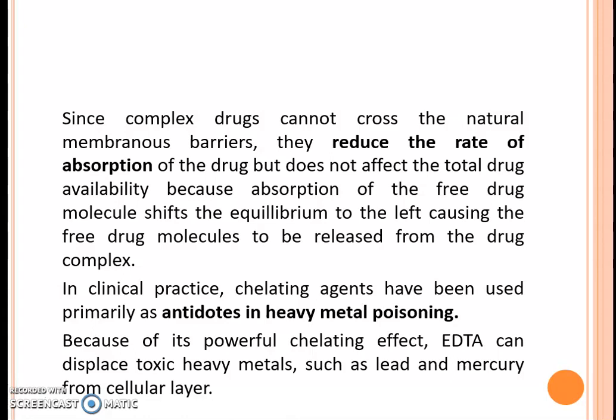In clinical practice, chelating agents have been used primarily as antidotes in heavy metal poisoning. Because of its powerful chelating effect, EDTA can displace toxic heavy metals such as lead and mercury from the cellular layer. Thus, EDTA is mainly used in heavy metal poisoning.